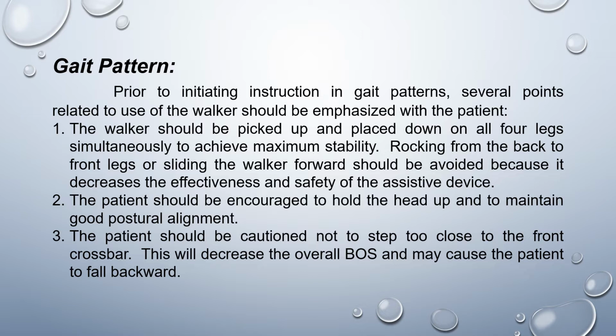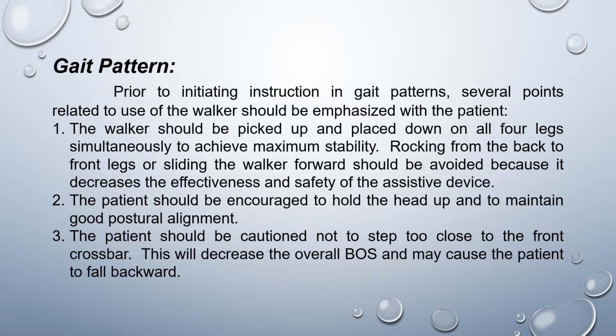They should be picked up together and put down simultaneously to achieve maximum stability. Because if you cannot put them down together, the patient will tend to become imbalanced. Rocking from the back to the front legs or sliding the walker forward should be avoided because it decreases the effectiveness and safety of the assistive device.